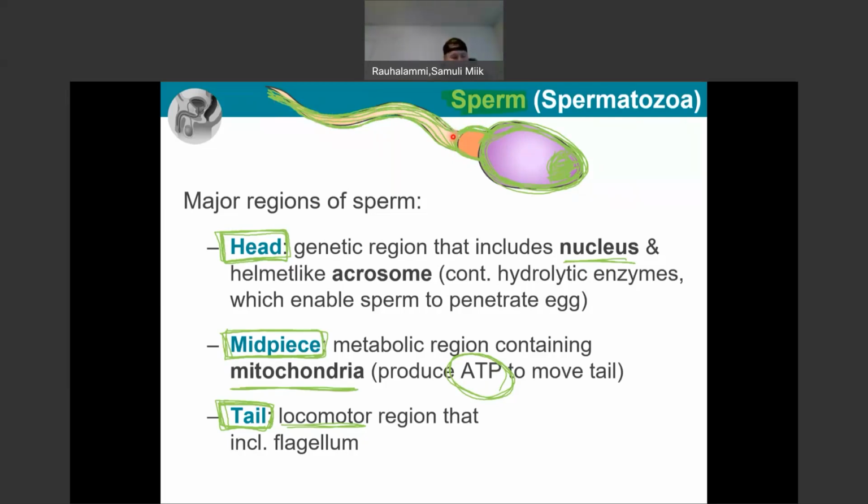You remember when we talked about our seminal vesicle releasing secretions that were rich in fructose. That fructose was there so that the mitochondria could keep producing more ATP so that the sperm could keep on swimming.